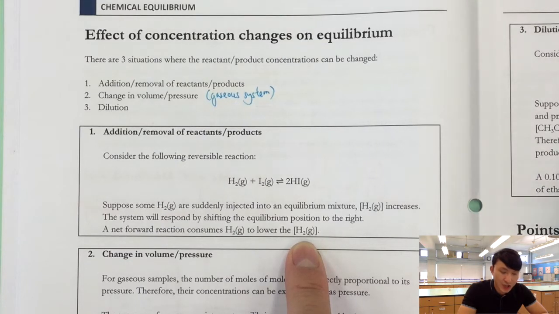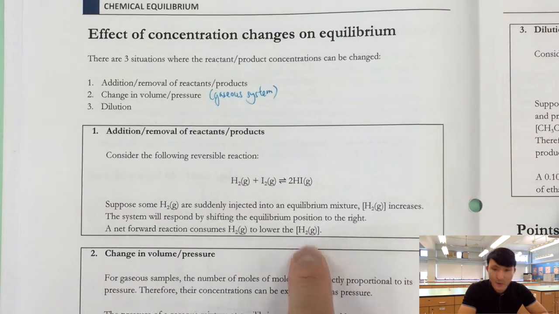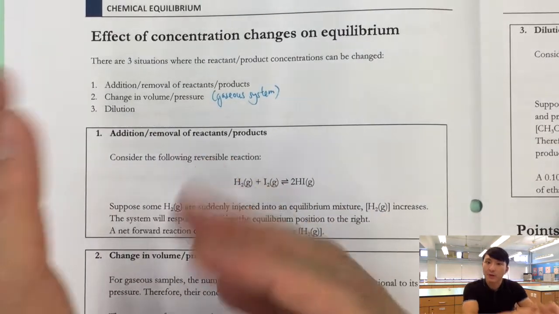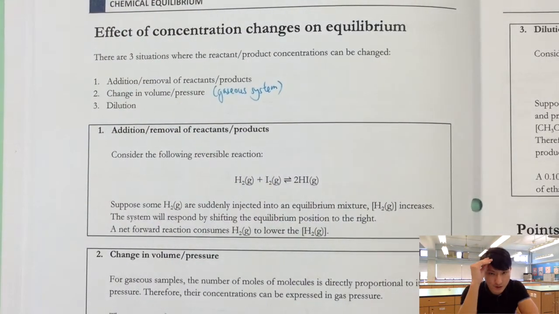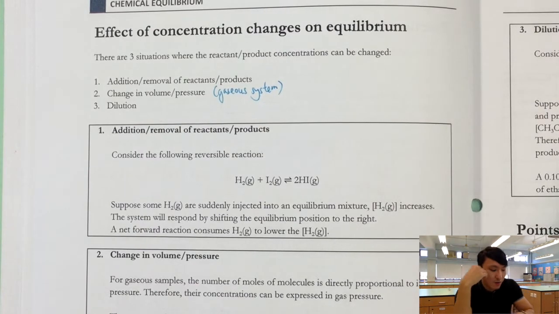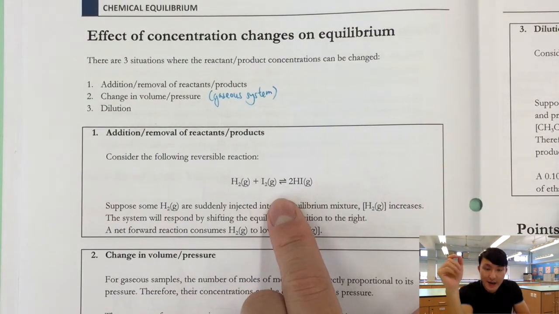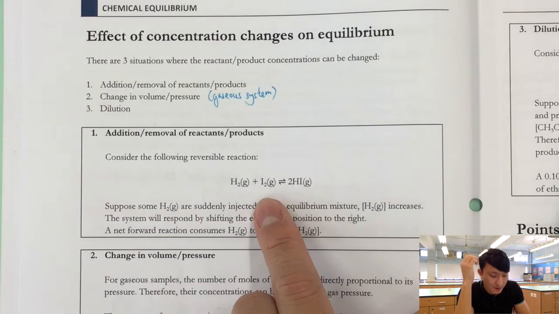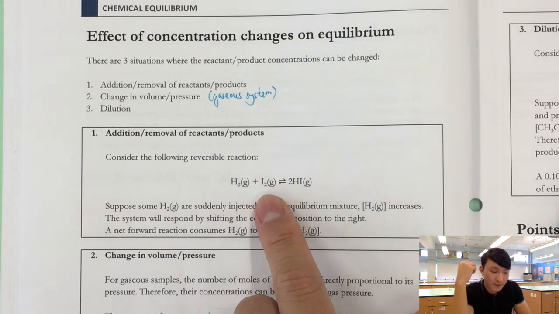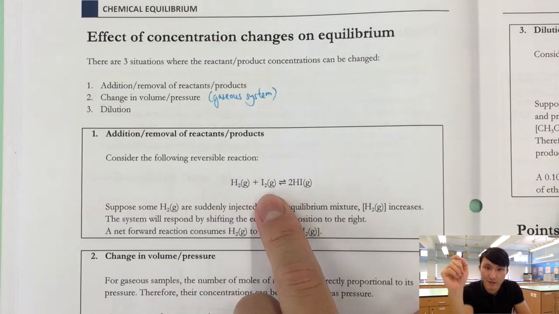Now at this point, I would like to ask one question: if such a change happens, what do we expect to observe? When we're comparing the original equilibrium to the new equilibrium, what would be the difference in observation? Now here, these are all gas, right? And iodine vapor should be purple in color, right?